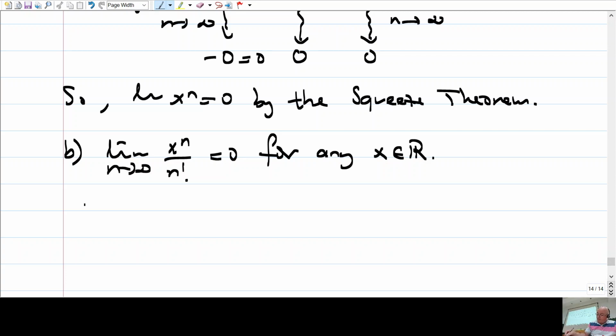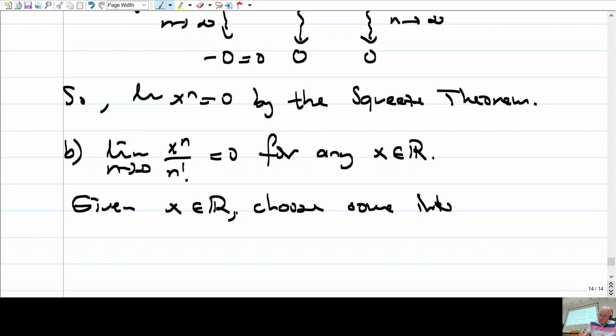Now, given x a real number, choose some integer n so that n is larger than the absolute value of x, right?